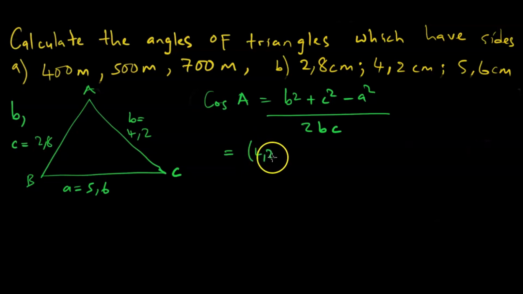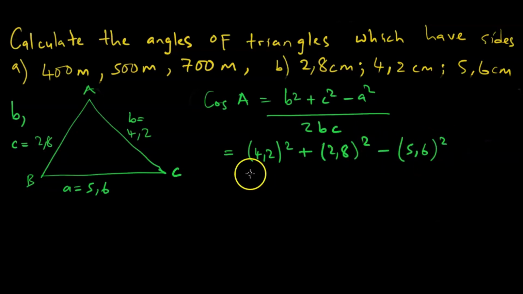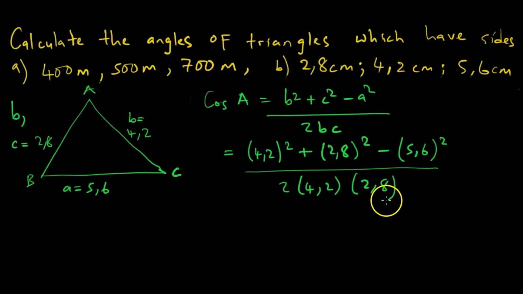What is B? B is 4.2, so it's 4.2 squared plus what is C? 2.8 squared minus A, 5.6 squared, dividing 2 multiplying b multiplying c. Saka this is equal to what? So let me do something I haven't done, something I do not necessarily encourage.